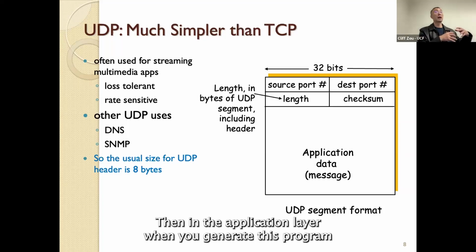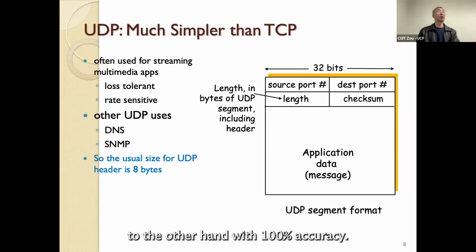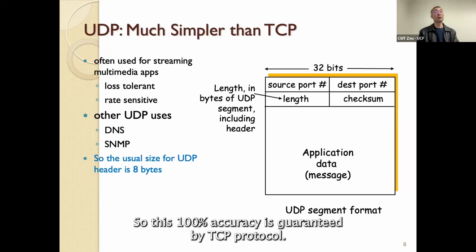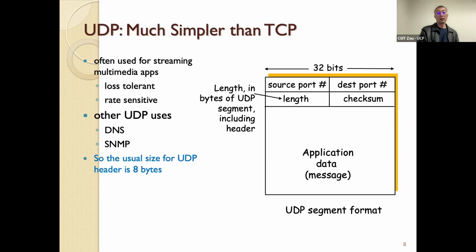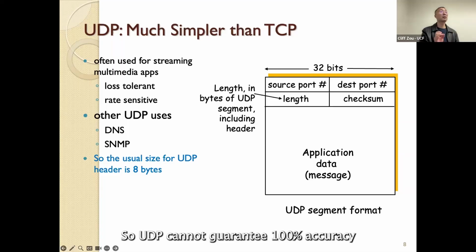Then in the application layer, when you write a program, you can just assume that data will be transmitted to the other end with 100% accuracy. This 100% accuracy is guaranteed by the TCP protocol. On the other hand, UDP does not have that retransmission mechanism, so UDP cannot guarantee 100% accuracy.